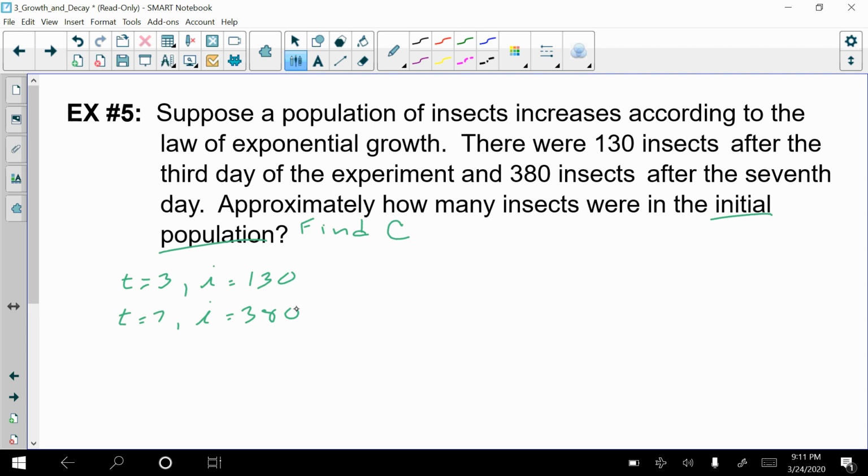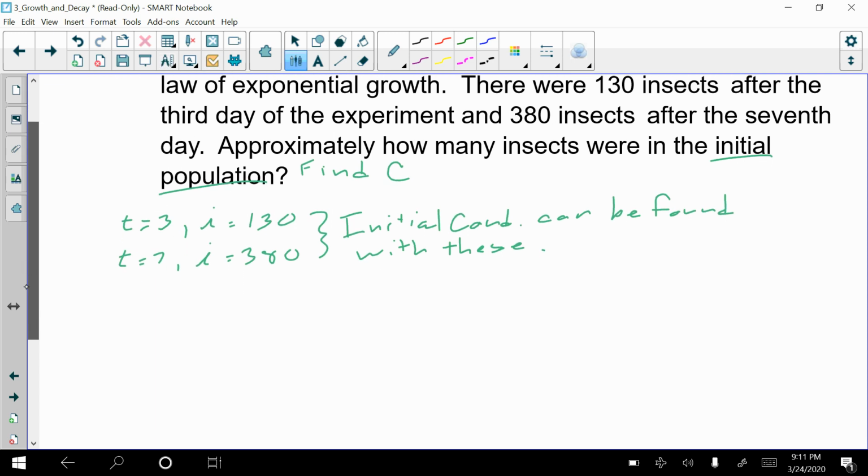Even though the initial conditions aren't given to you, the initial conditions can be found with this information. So let's see how we're going to do this.